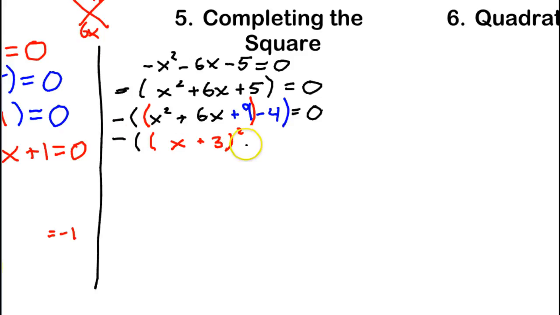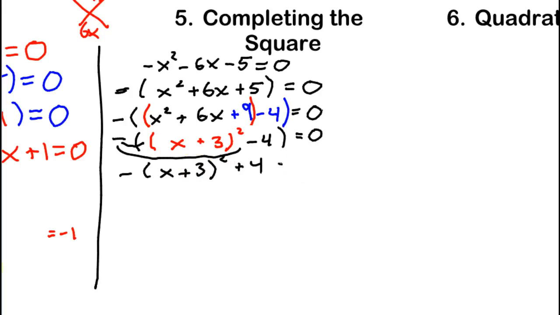Got all this other stuff around it. And then lastly, remember, distribute that negative in there. So negative x plus 3 squared plus 4 equals 0.